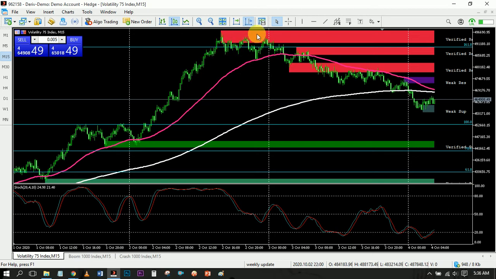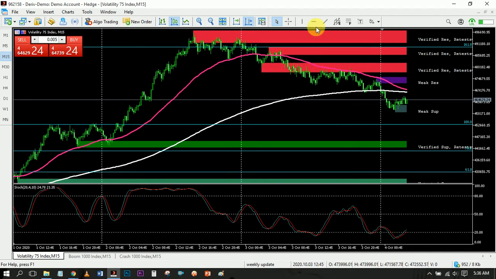So there were some consolidations around this support level, resistance level. So all I did was I just waited to get a confirmation right here, which was this.